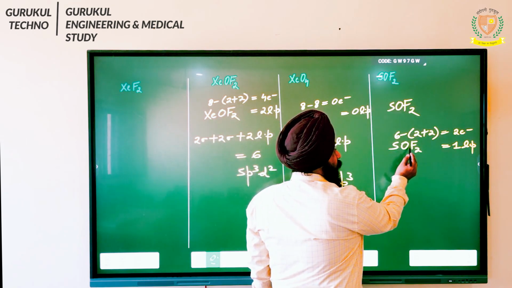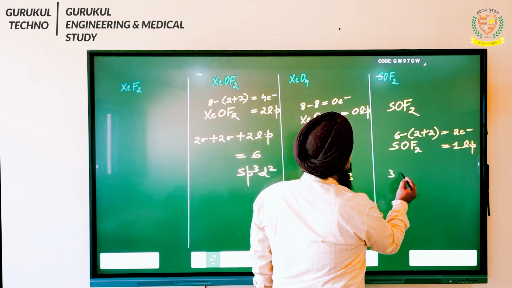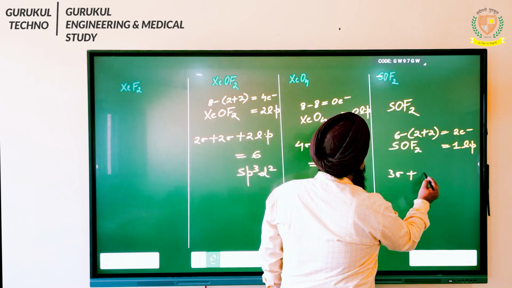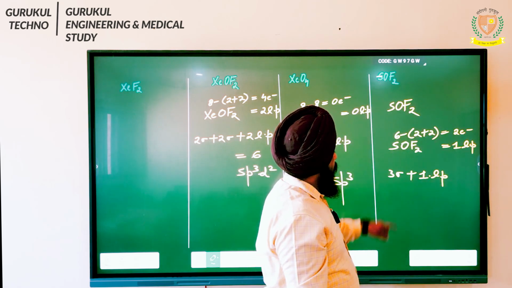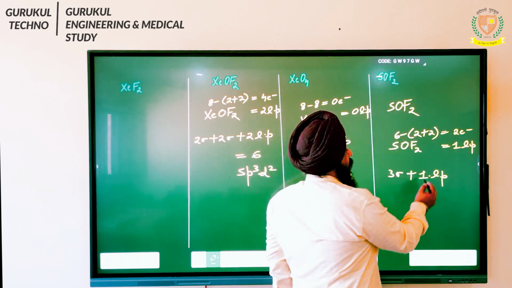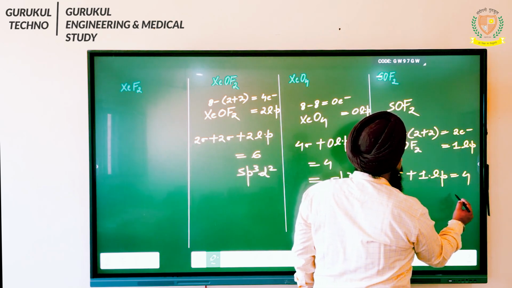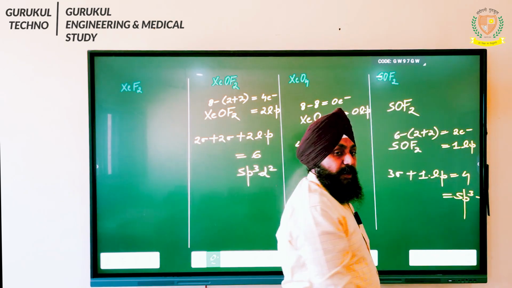There is 1 sigma over here and 2 sigmas over there. So it is going to be 3 sigma and 1 lone pair. So you say it is 4. 4 means it is sp3 hybridized.